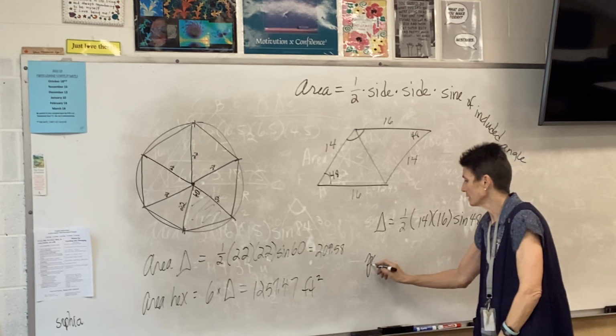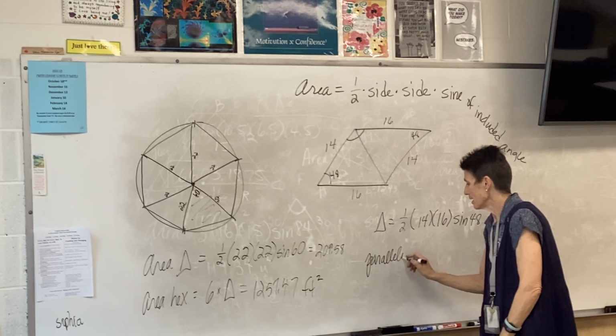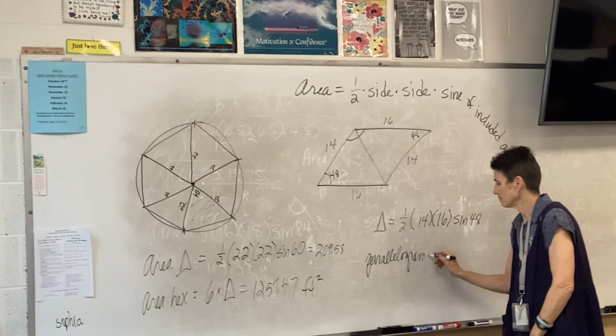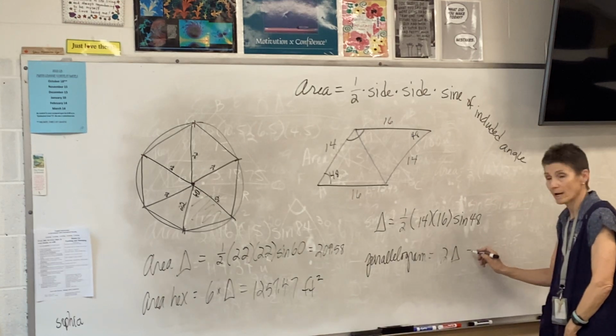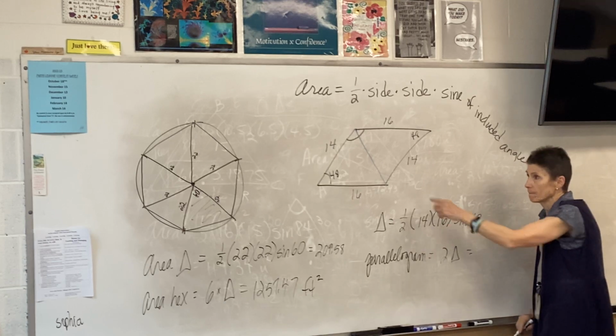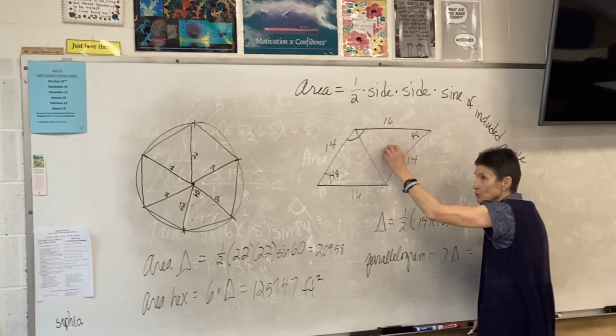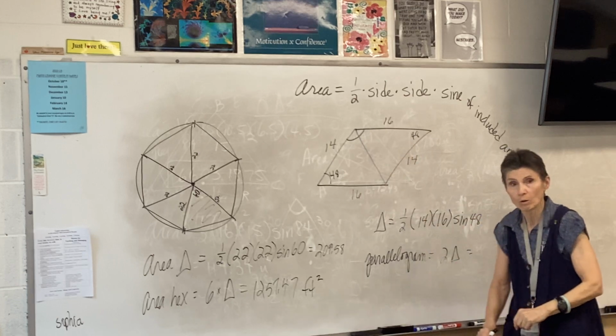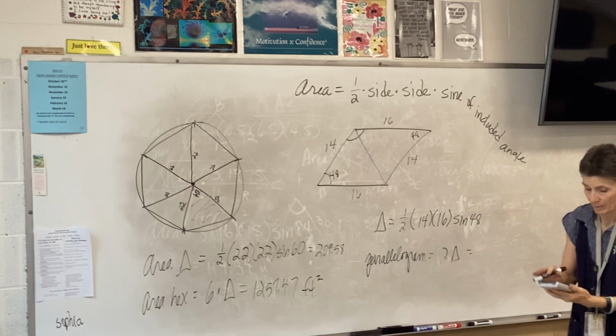So what will the parallelogram then be? The area of the parallelogram will be 2 times the triangle. If this is the triangle, then 2 times that will be the whole parallelogram.